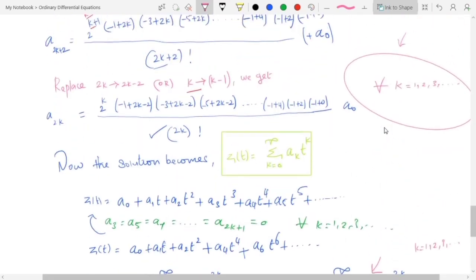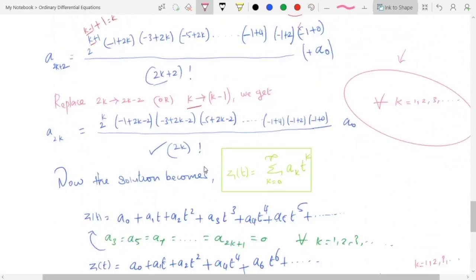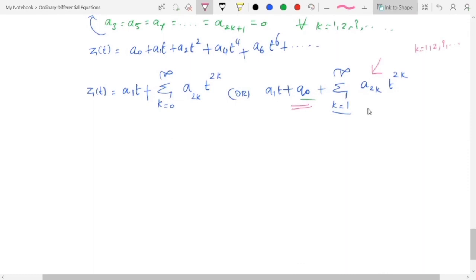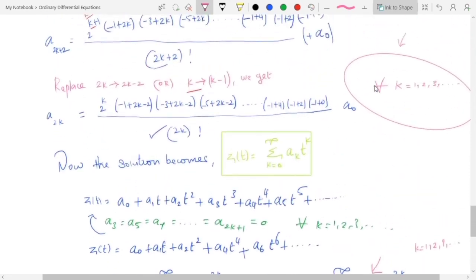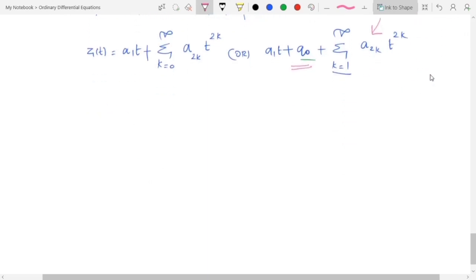So I am changing here as above, that is k varies from 1 to infinity. So keep the term a0 separately. Now we can substitute a2k here because the limits are the same. That means k varies from 1 to 3 and so on.